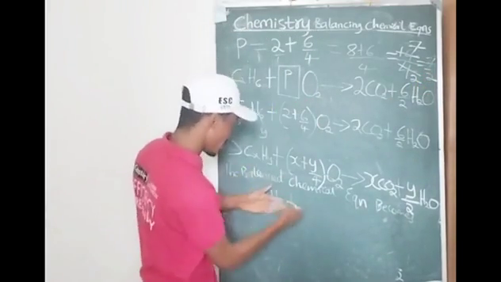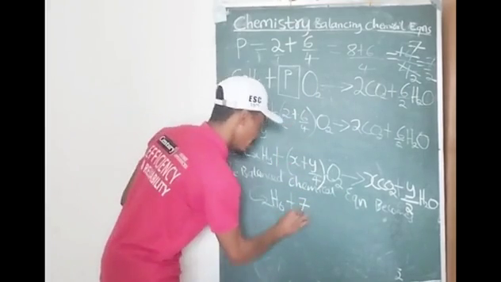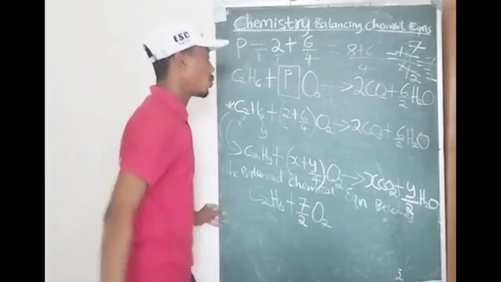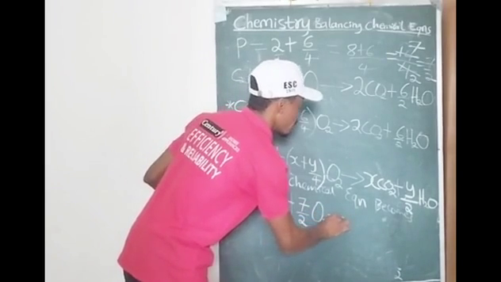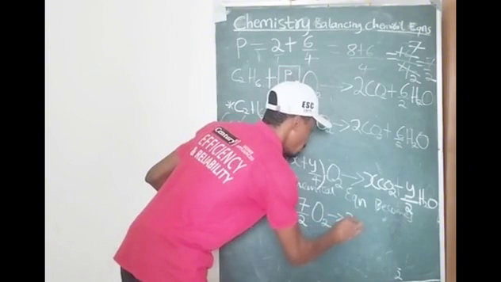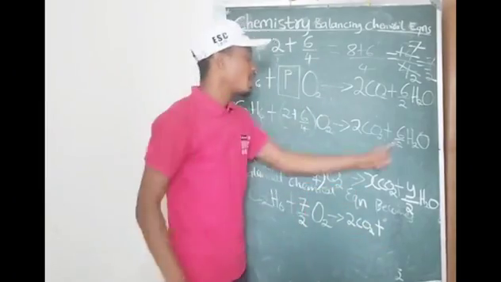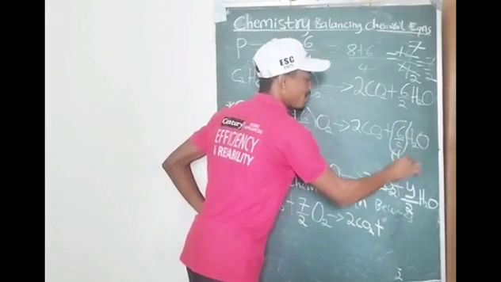So coming down here, this is 7 all over 2 O2. This is 2CO2. Of course, we can simplify this. We can have our 3 now.